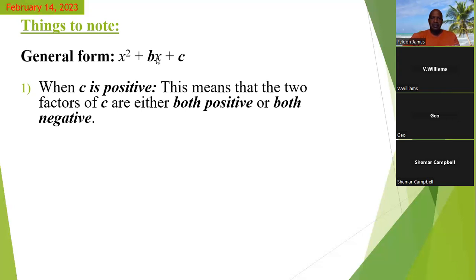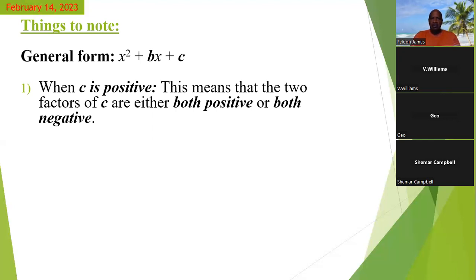So when c is positive, and this is a key feature of quadratics, and once you understand the dynamics of these features that we're going to be looking at, it will become a little easier for you to factorize these expressions.